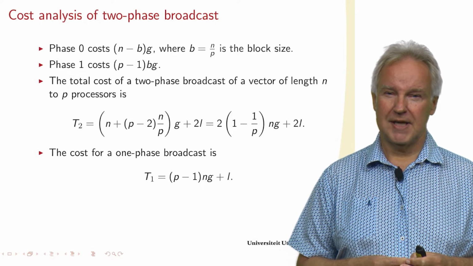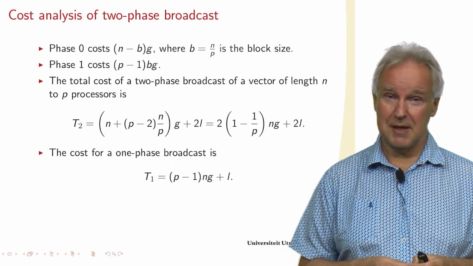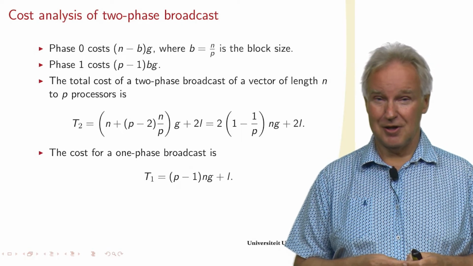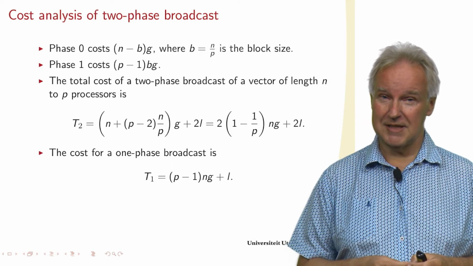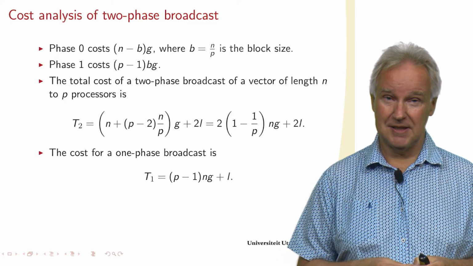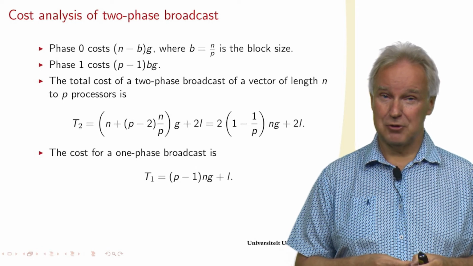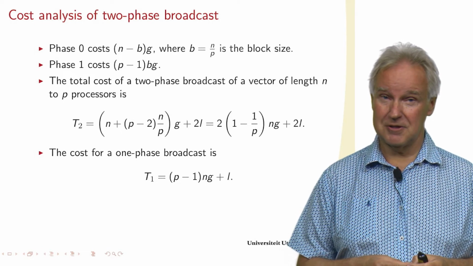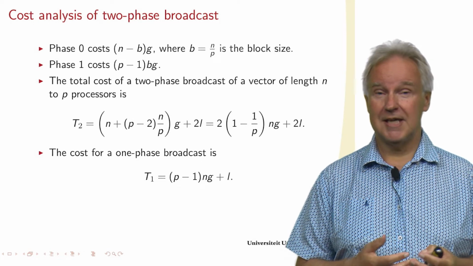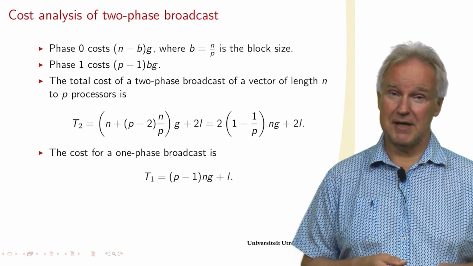And then we can compare the cost that we get, which is about 2 times n times g plus 2L, with the cost of a one-phase broadcast, which is p minus 1 times n times g plus L. So you see, we have reduced the communication costs by about a factor p divided by 2, at the expense of an increase in synchronization cost by a factor of 2.